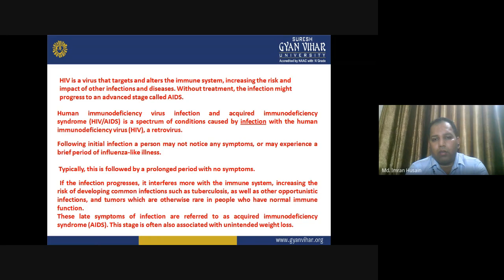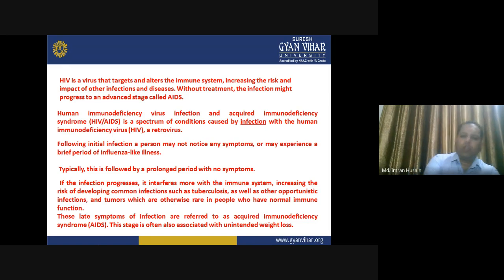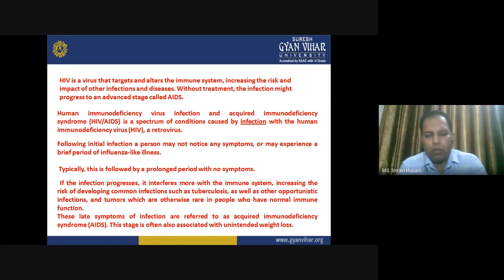The HIV virus causes the condition known as AIDS. Human immunodeficiency virus infection and acquired immunodeficiency syndrome are known as HIV/AIDS. So HIV/AIDS is a spectrum of conditions caused by infection with the immunodeficiency virus, or retrovirus.